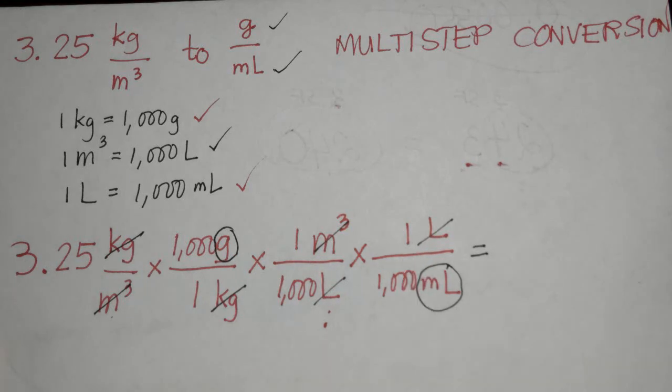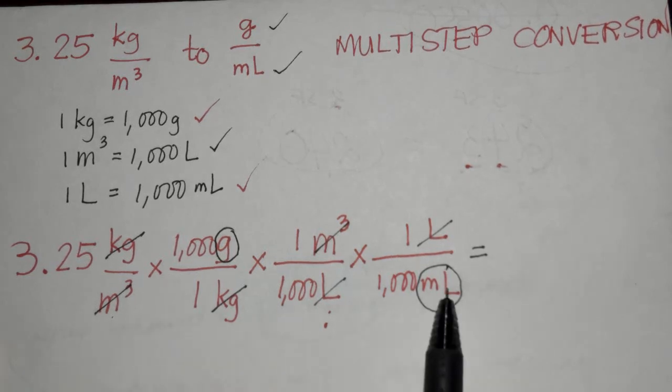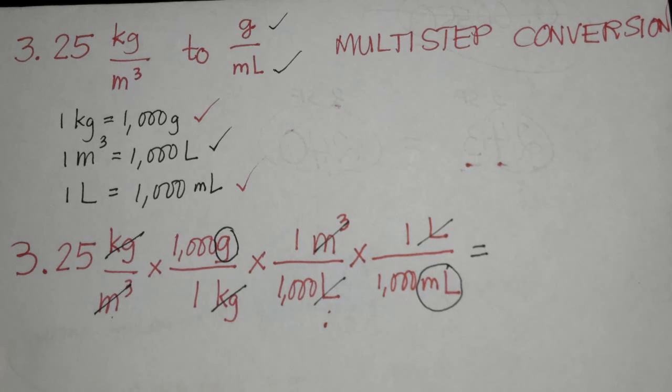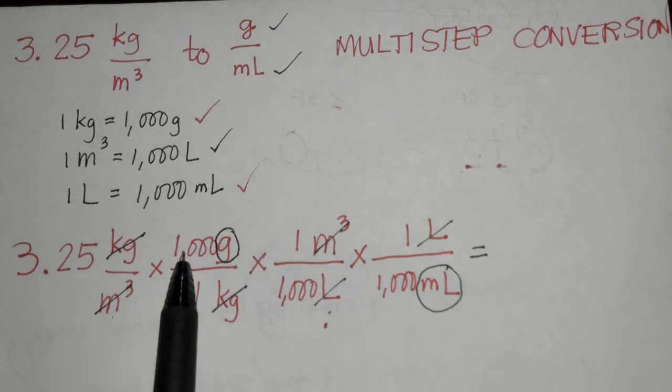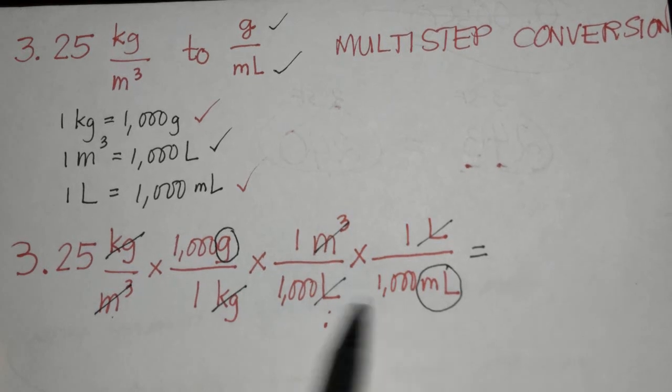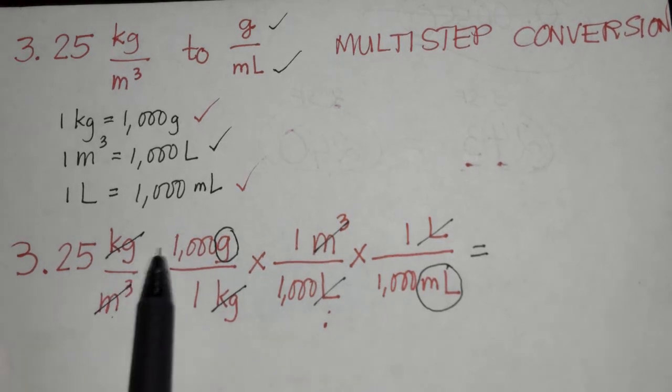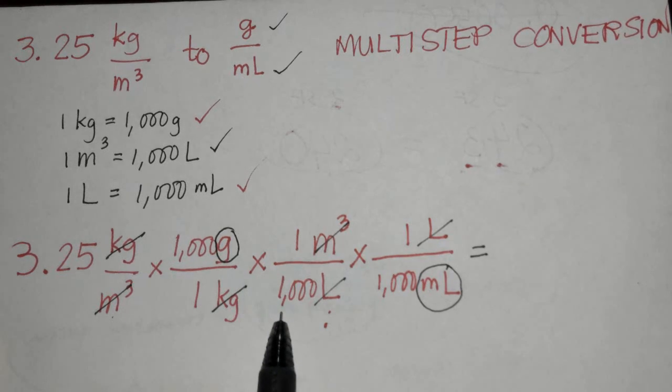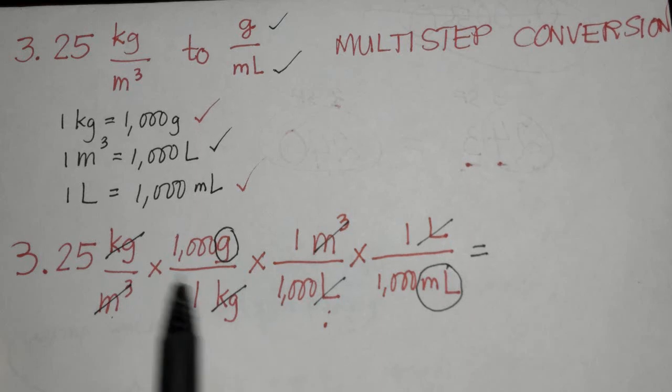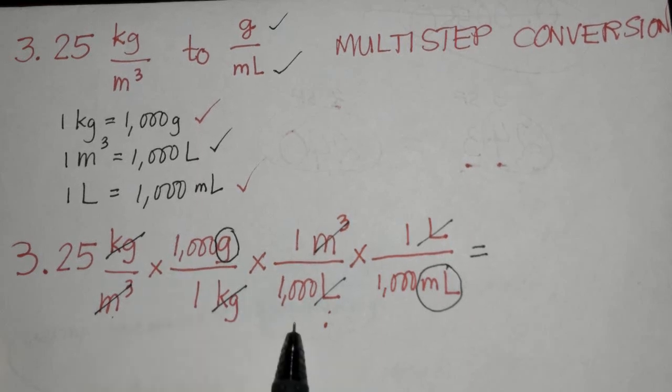However, I want you to notice something here, because this is a possibility when you're solving. If you're doing multi-step conversion, there may be repeating numbers that have the same value. You see 1,000 here? There's 1,000 on top, and there are two 1,000s below. How do you reduce that in math? 1,000 up and 1,000 below. It's like 1,000 over 1,000.